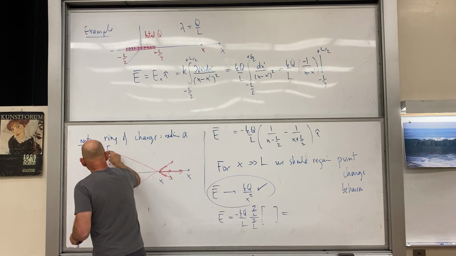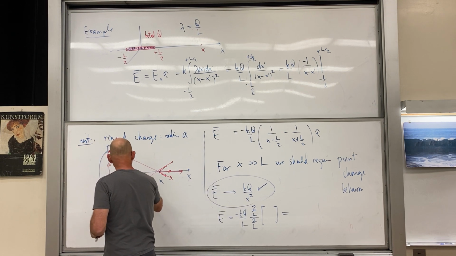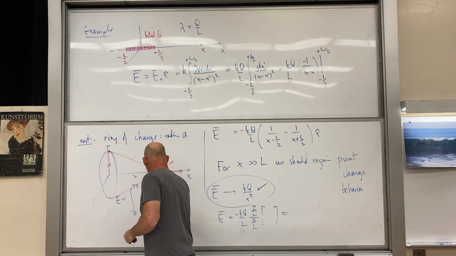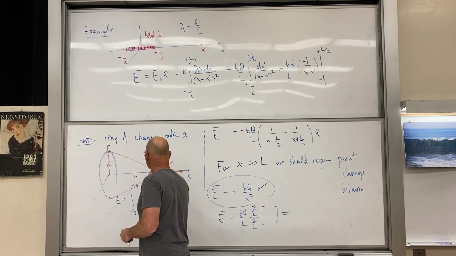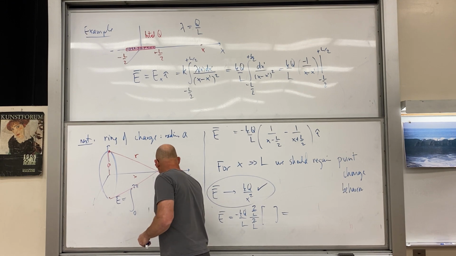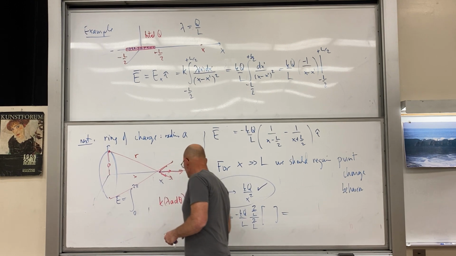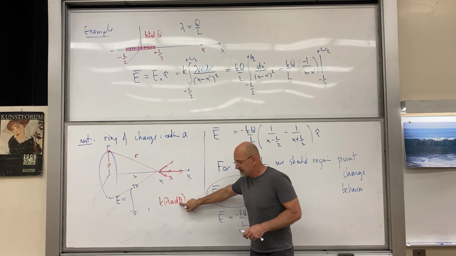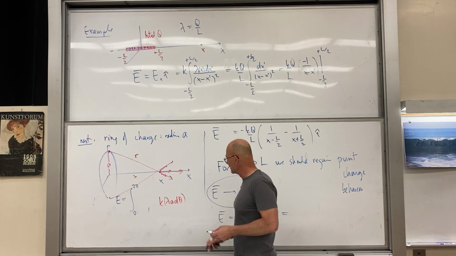So if this is distance A, and this is distance x, and this is r, we have a k lambda a d theta, okay, charge per length times angle, which is dimensionless.